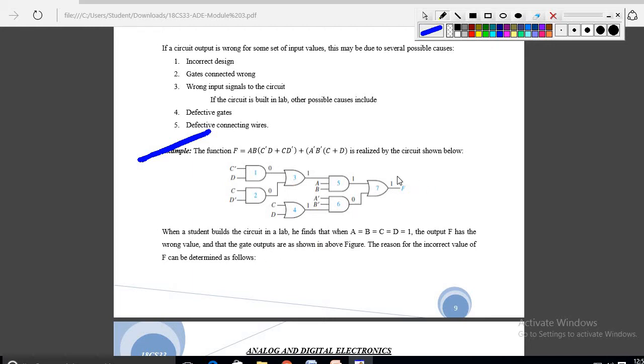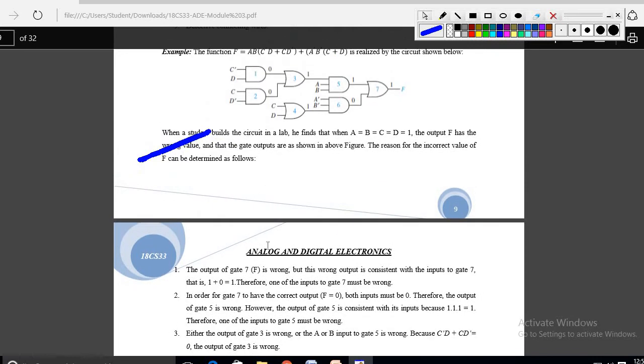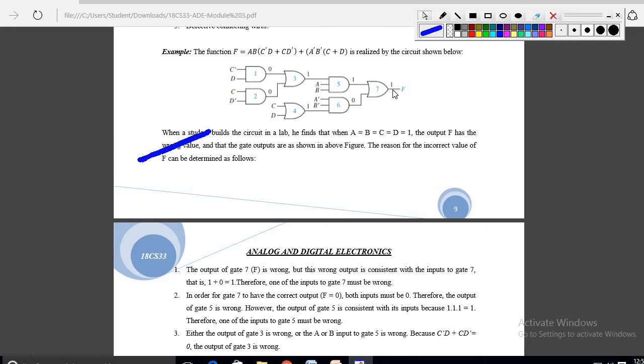To check this circuit, the gate outputs are shown in the above figure. The reason for the incorrect value is determined as follows. First, the output of gate 7, F, is wrong. The output of the OR gate here is 1, and it is wrong. Why? The inputs of gate 7 are 1 and 0, which gives 1. If it is an OR gate, the output should be 1.